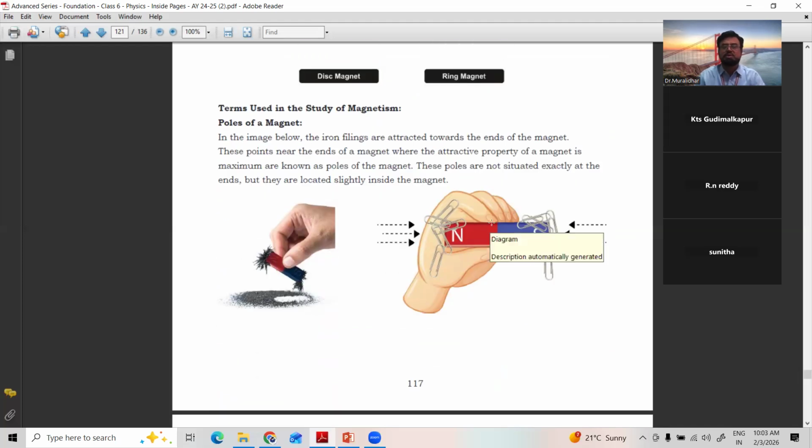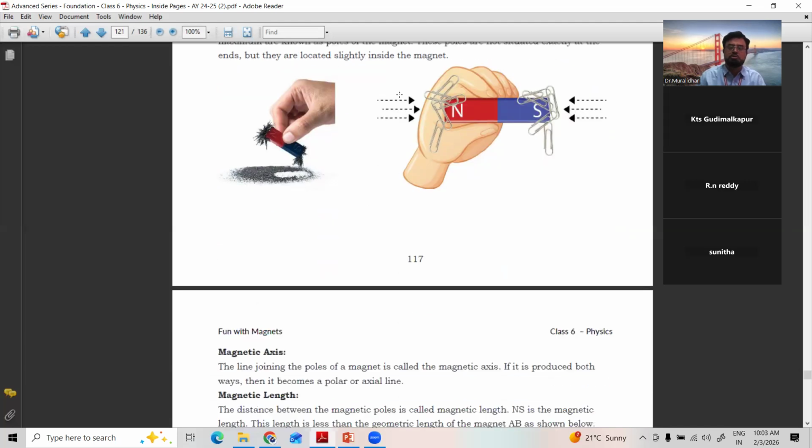So in the last class, we discussed the terminology. When you are discussing magnetism, there are so many terms we come across, like magnetic poles, which are the common terms we use. Every magnet will have a pair of poles, that is north and south poles.